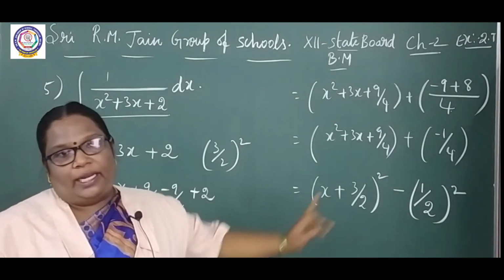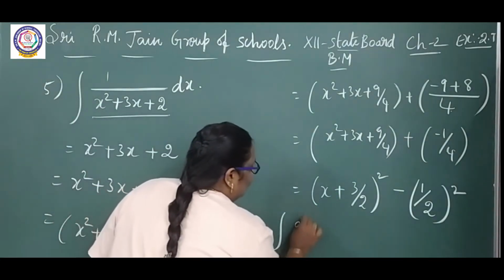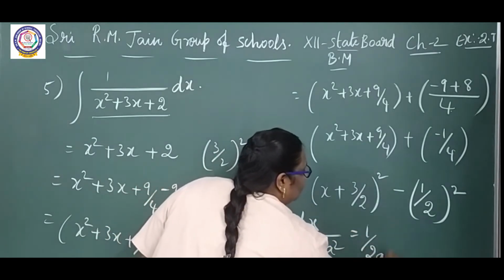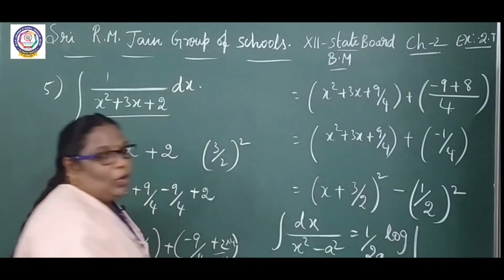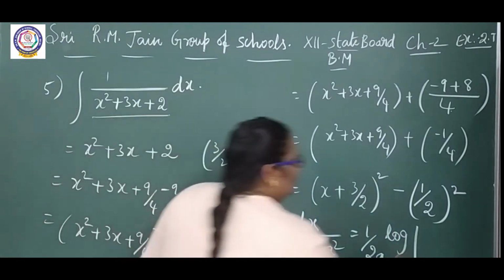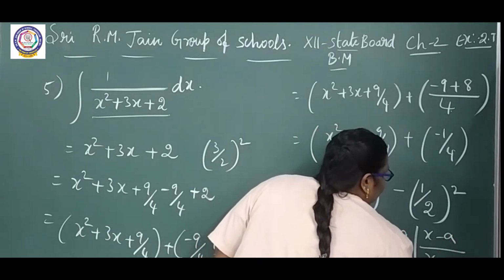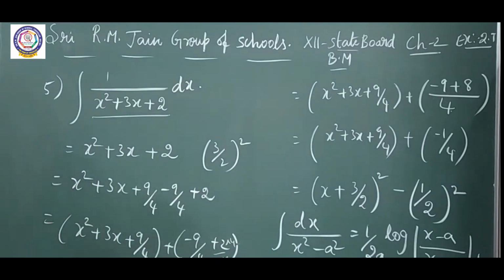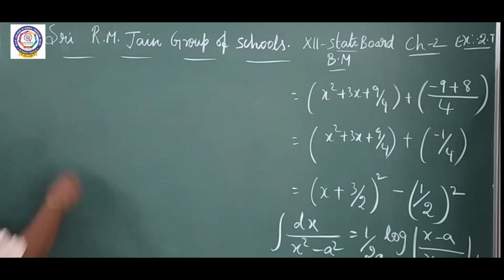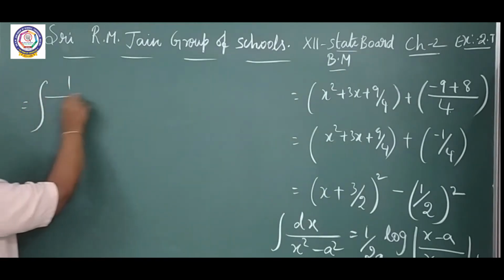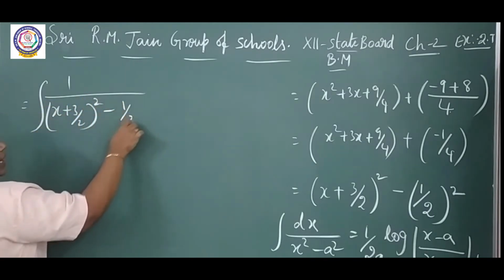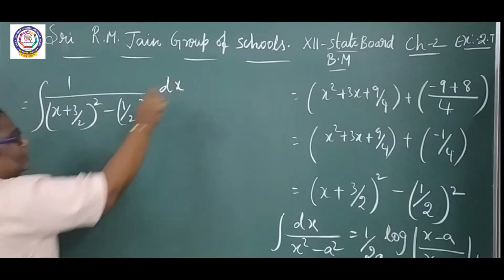So it is x square minus a square. What is the formula? Integral dx by x square minus a square equals 1 by 2a log of modulus of x minus a by x plus a, plus c. So integral 1 by x plus 3 by 2 the whole square minus 1 by 2 the whole square into dx.